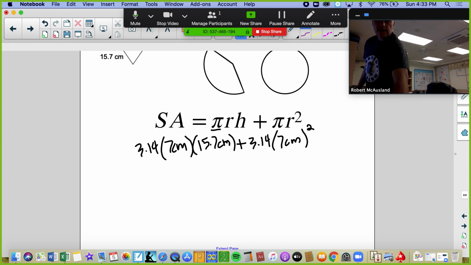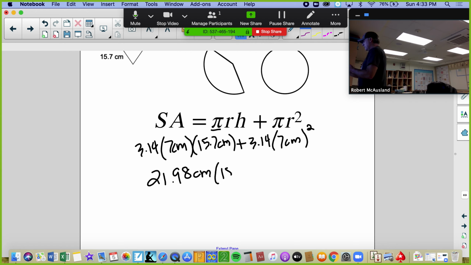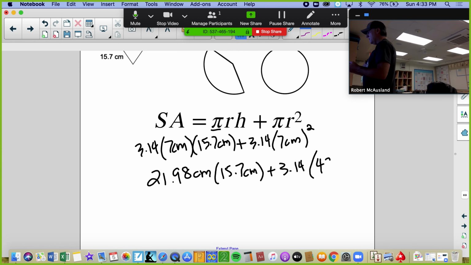So let's get our calculator. 3.14 times 7 centimeters gives me 21.98 centimeters, and we have to multiply that by the height. And we have 3.14, and 7 centimeters squared is 7 centimeters times 7 centimeters, which is 49 centimeters squared.